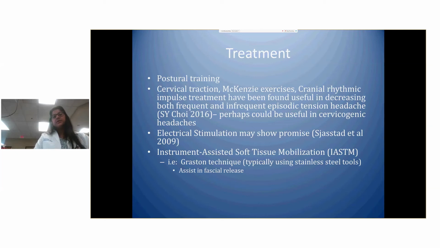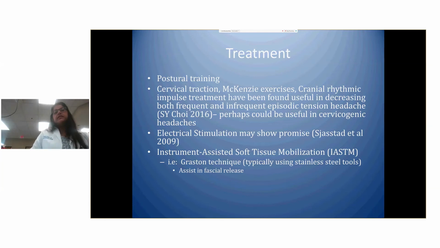So there's a study in 2016 looking at traction, cervical traction, the McKenzie exercises, as well as cranial rhythmic impulse treatment, a manual form of therapy, and that was useful in reducing both episodic tension headaches, the frequent and infrequent types. So this perhaps could be also useful in cervicogenic headaches as well. And these are techniques that we all use.